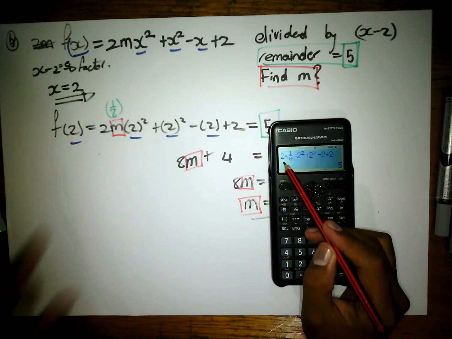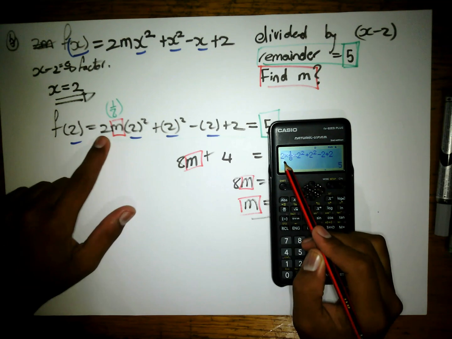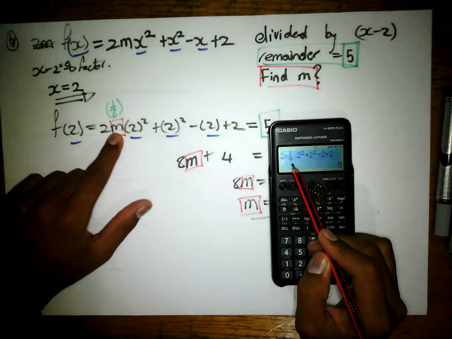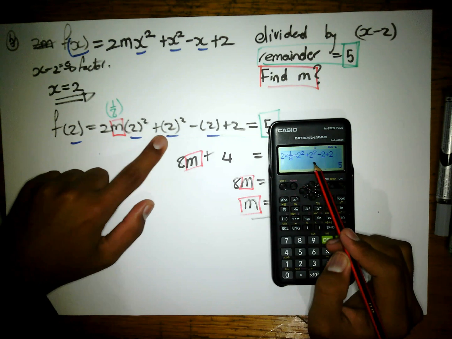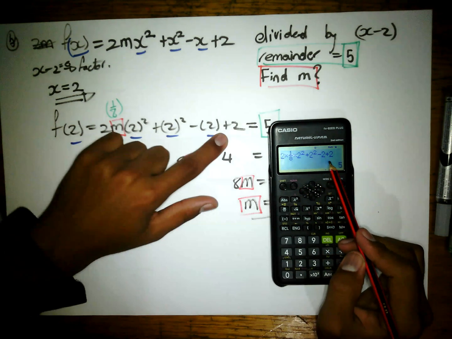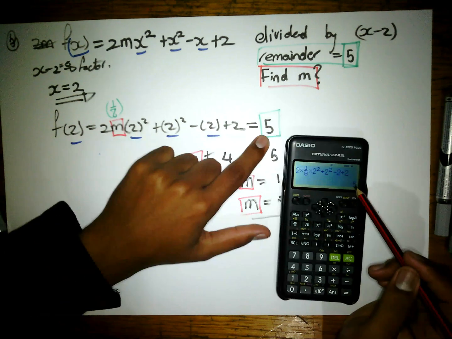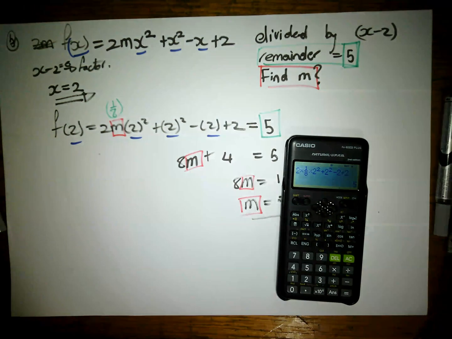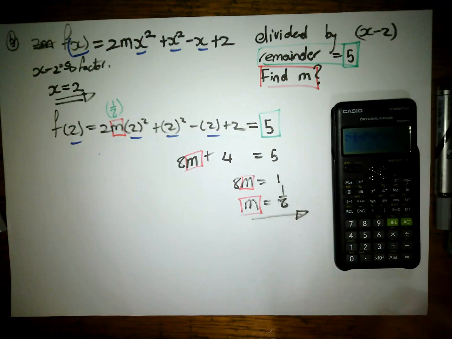See, there's my 2 times 1 over 8, 2 squared plus 2 squared minus 2 plus 2 equals 5. That's how you check. That's why this is a good question to ask. When you see this, you must know 3 marks. Because I'm just putting in what they give me. Okay.